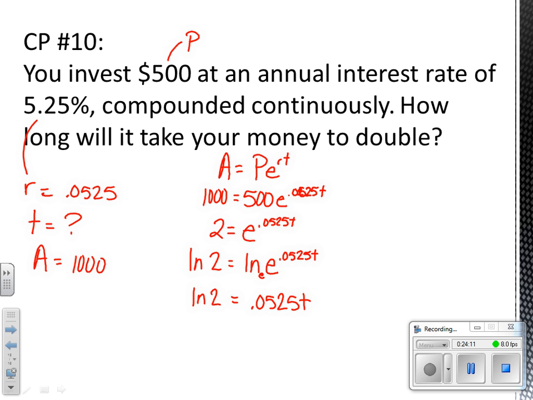And I have ln of 2 over here. Divide both sides by 0.0525. We're almost done. Now, ln of 2 can be punched in your calculator. Divide it by 0.0525. And roughly 13 years is what it's going to take us to double our money.